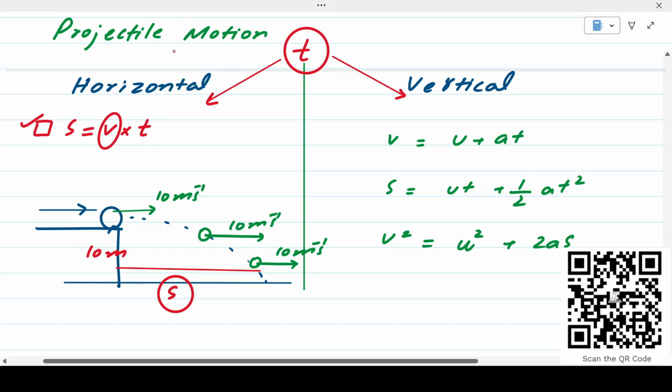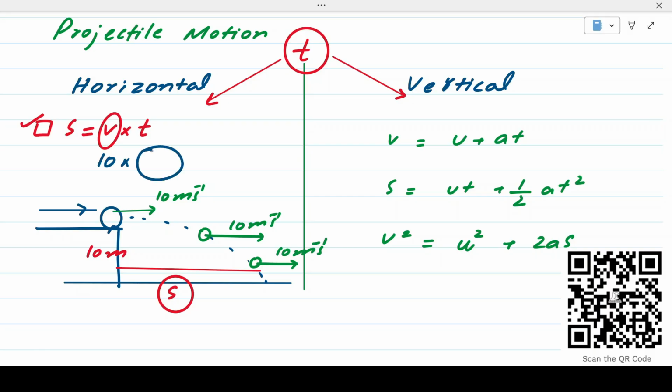So I quickly insert the values, which is 10 times, and all of a sudden I realize I don't have the value of t. Time will now be calculated through the vertical. We'll borrow the time from the vertical and use that time for horizontal because time is the same in both. So I'll use probably this one.